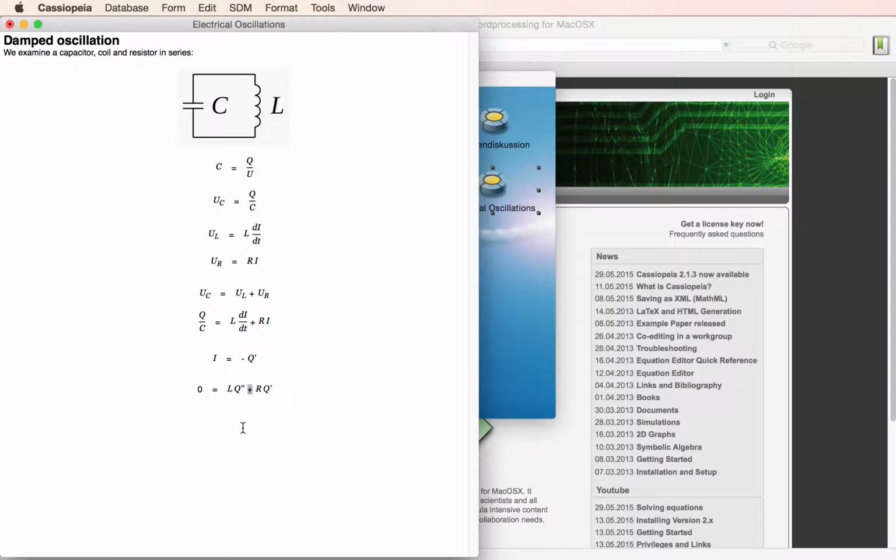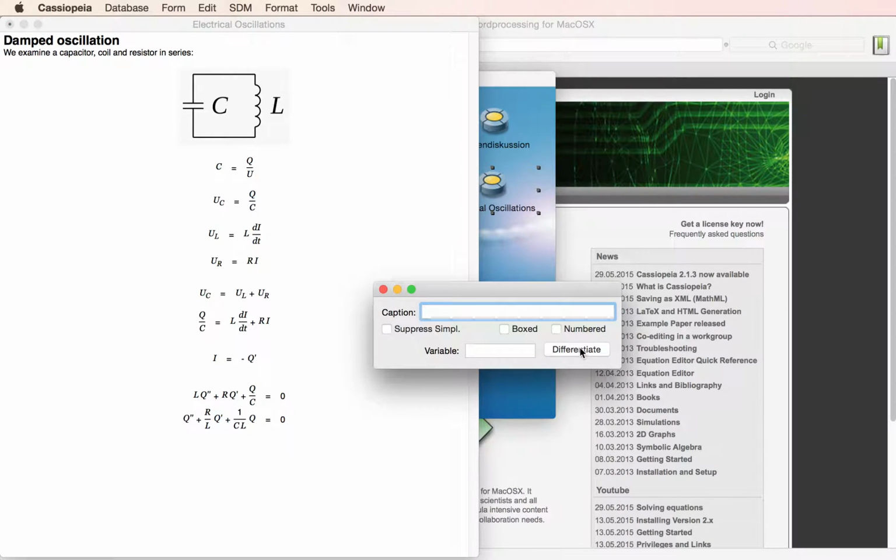Oh, this was wrong and now it's correct. Let's divide by L. This now is a homogeneous differential equation of the second order.